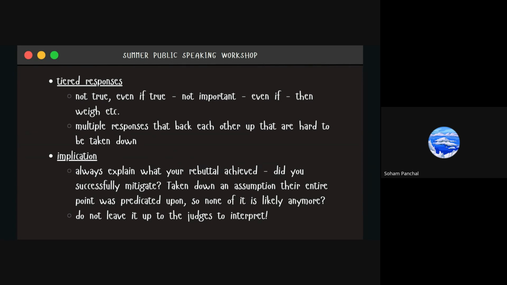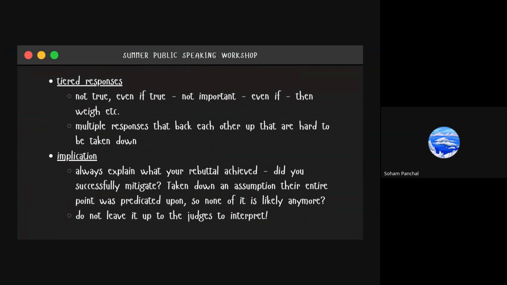Now, about tiered responses: if for an argument you have three responses, that yes, your argument is wrong because of A, B, and C, then how you make it is that first you put the first rebuttal, that your argument is not true because of A reason.